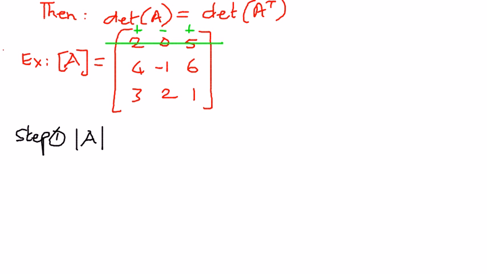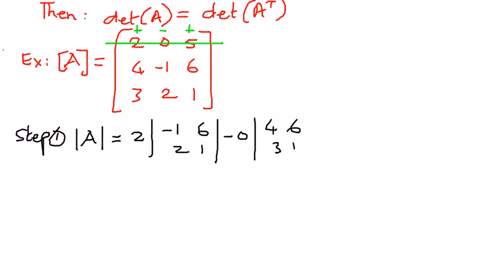So this is going to be equal to 2, the minor of that, which is negative 1, 6, 2, and 1, and then the second element is minus 0 times the minor of that, which will be 4, 6, 3, and 1, and the third element is plus 5, and the minor of that is 4, negative 1, 3, and 2.